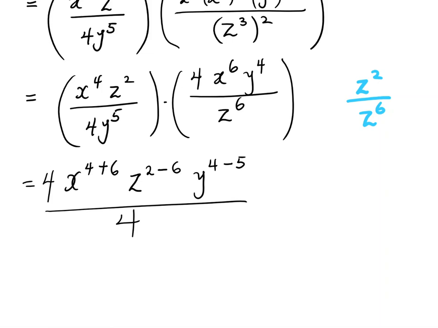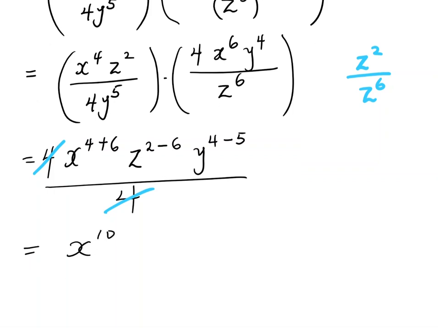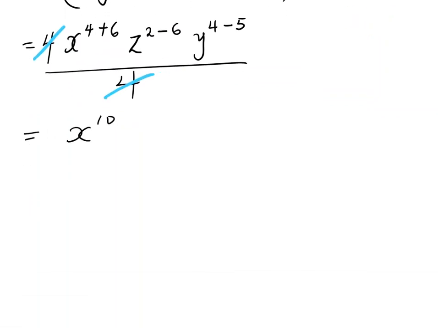But it's still okay. So this guy takes care of this guy. And what we have left is x raised to power of 10. What of z? Well, that is negative 4. And our y is negative 1.